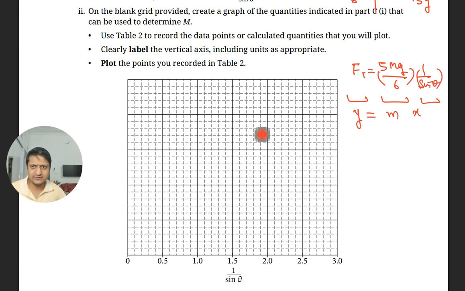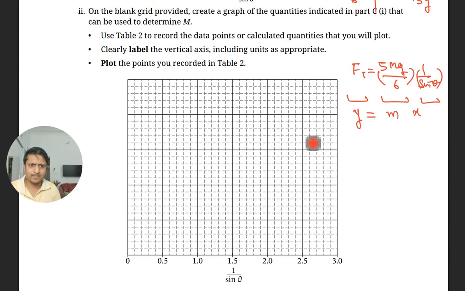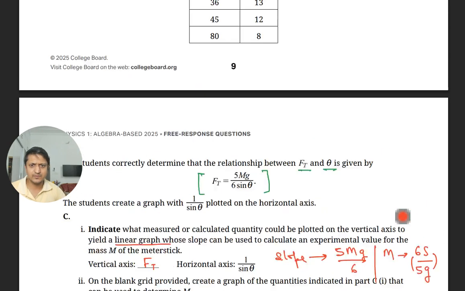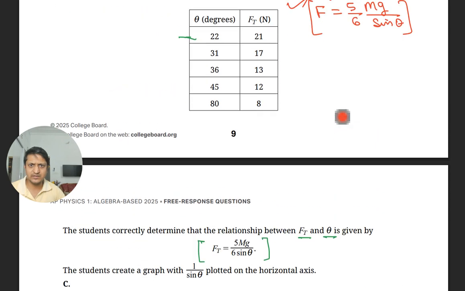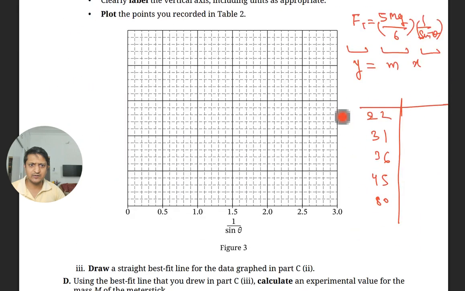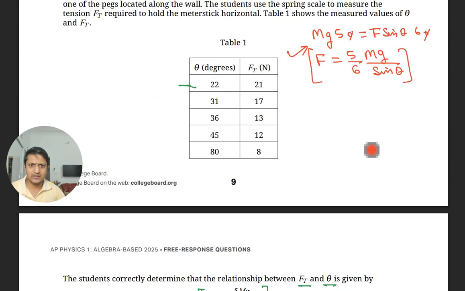So now we have that thing. Now see, this is the data and we have to calculate it. I'll just write it again: the angles are 22, 31, 36, 45, 80, and the forces are 21, 17, 13, 12, and 8.